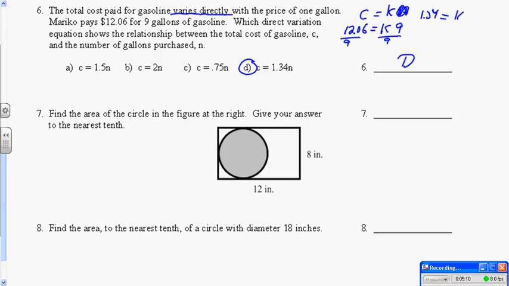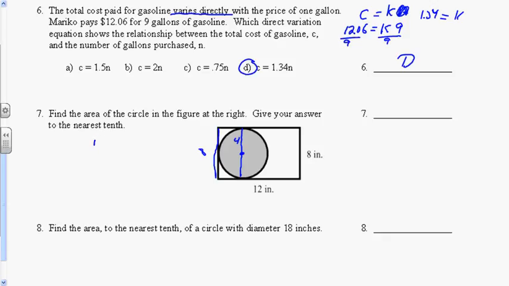Next, we find the area of the circle in the figure to the right. Give your answer to the nearest tenth. Okay. Well, if we look at the picture, this whole side is 8, which means this diameter is the same as 8, which makes the radius 4.